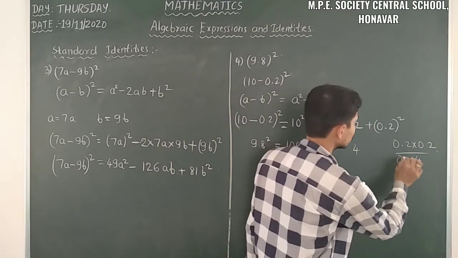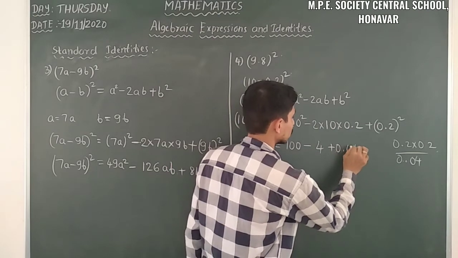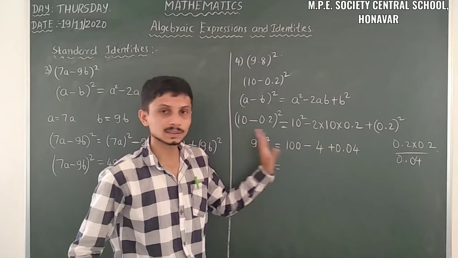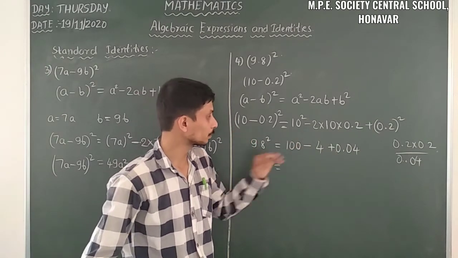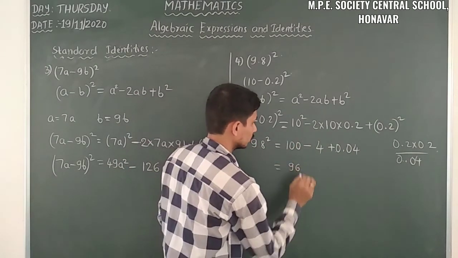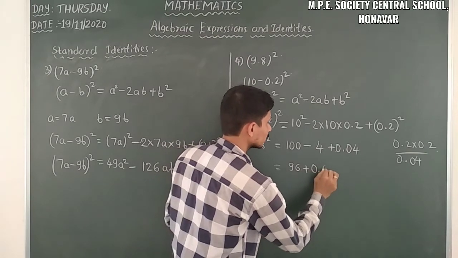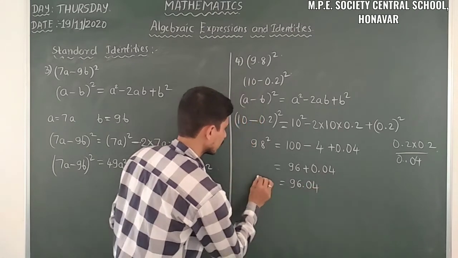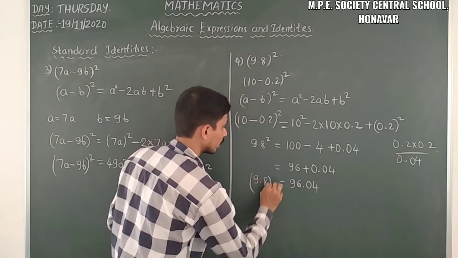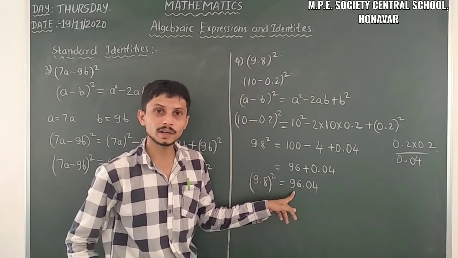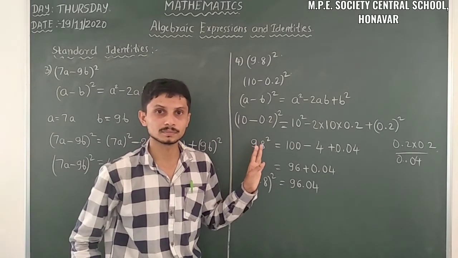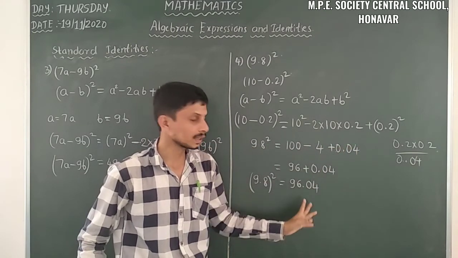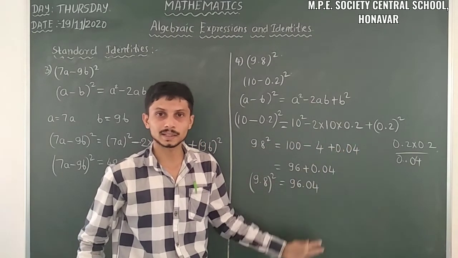That's why we have 0.04. So this is equal to 100 minus 4, which is 96, plus 0.04, that is 96.04. So 9.8 whole square is equal to 96.04 is the answer. Here we have to be careful about 0.2 whole square, and after that we will take the next steps.